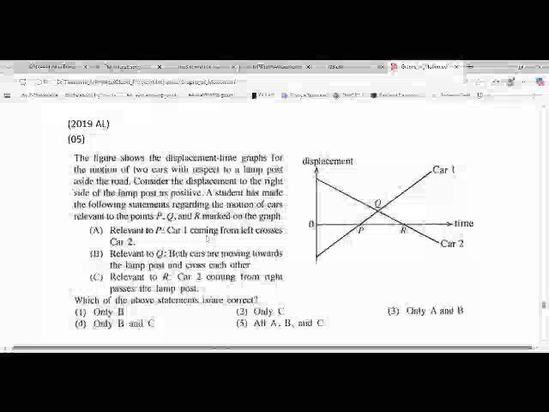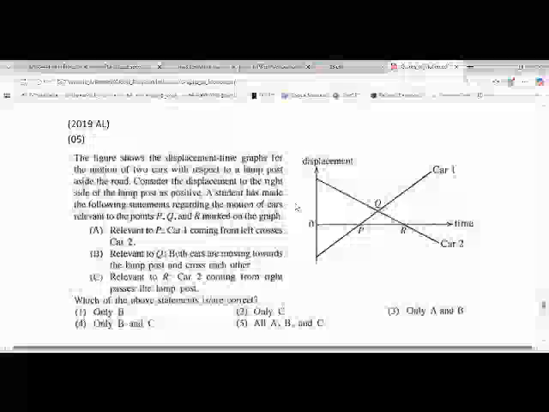A. Relevant to P, car 1 coming from the left crosses car 2. B. Relevant to Q, both cars are moving towards the lamp post and cross each other. C. Relevant to R, car 2 coming from the right passes the lamp post.